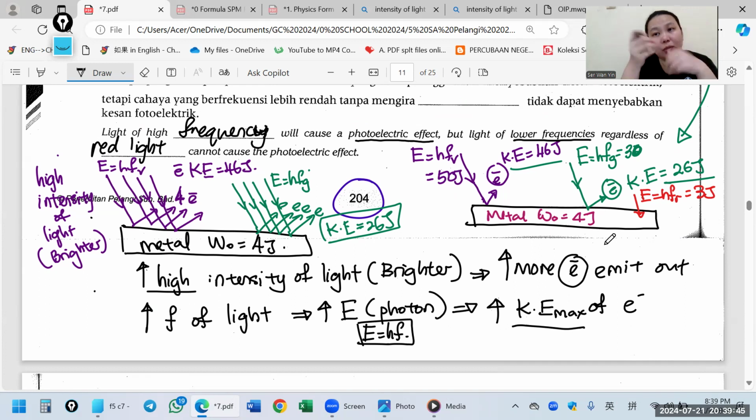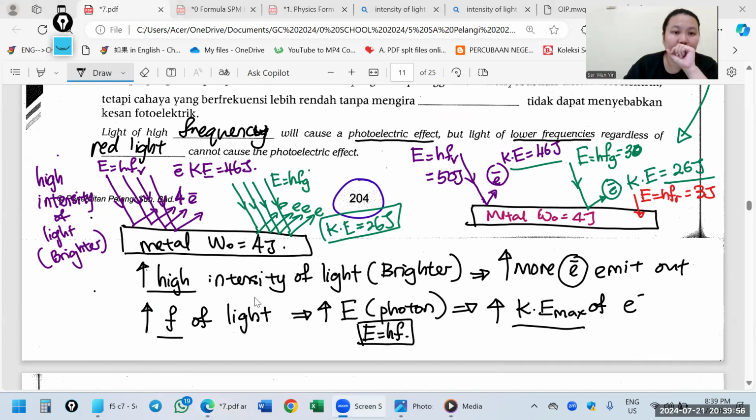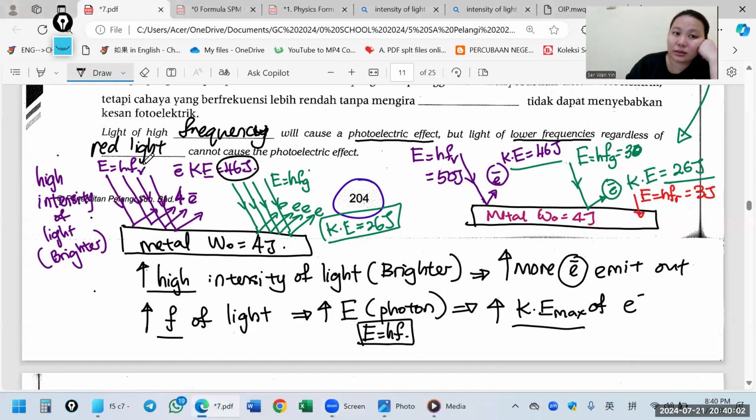Brighter or dimmer means more or less electrons, but energy depends on frequency. Yes, higher photon energy, like just now, 50 joules, means higher kinetic energy.